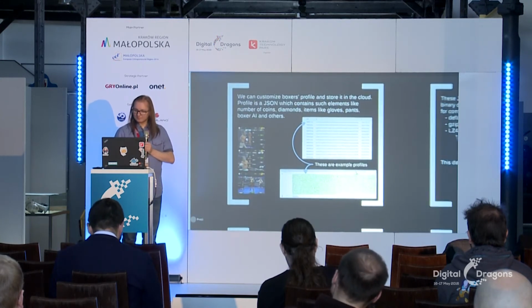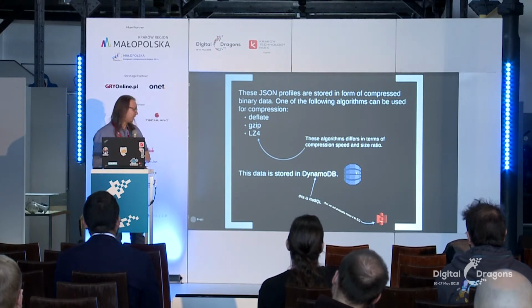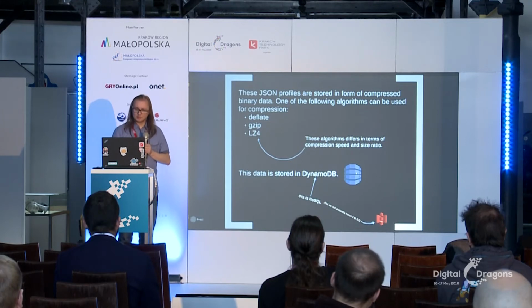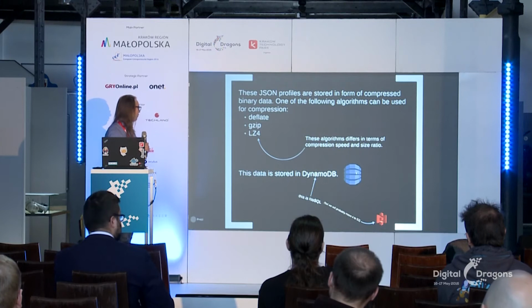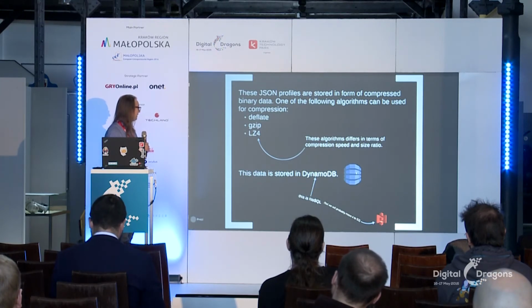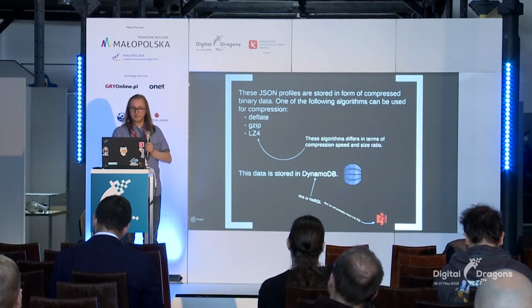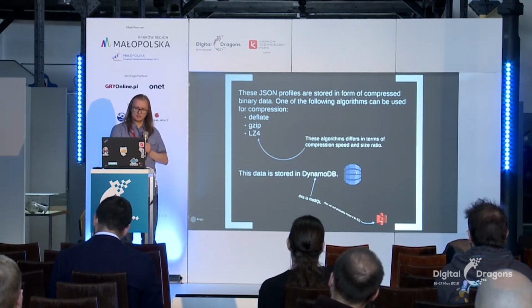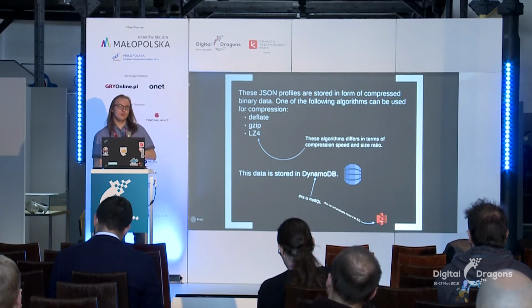Okay. We are using several different compression algorithms, either the slow but good ones, and those are deflate and gzip, or LZ4. It is pretty fast, but it creates larger data, so you have to choose what you need.